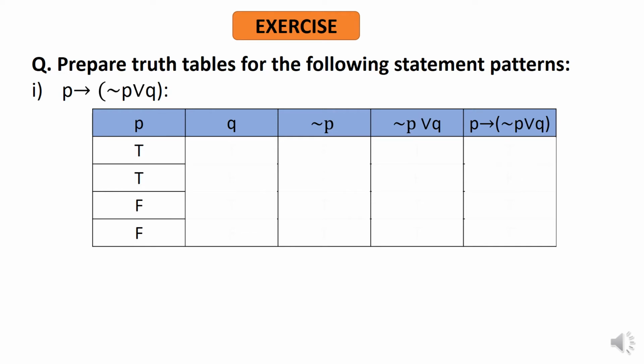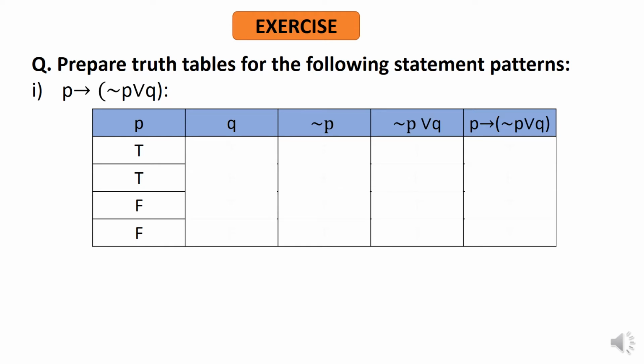P is going to come true twice and false twice depending upon what is Q. And therefore, always when P and Q only are there in the statement pattern, the column for P will be the same, that is T, T, F, F. If you can remember this, it will help you to draw a truth table much faster.